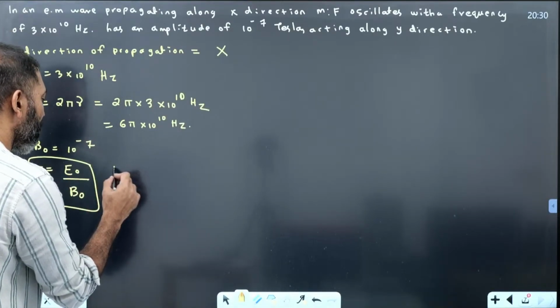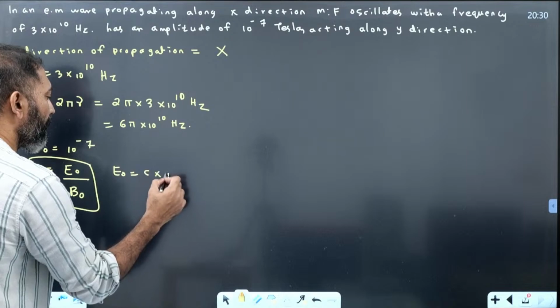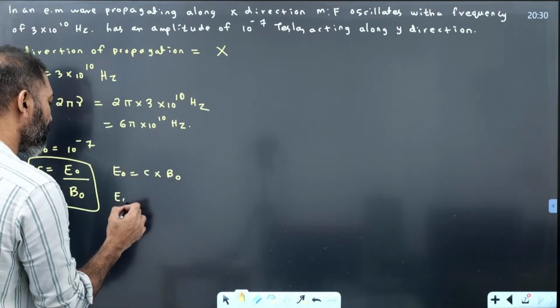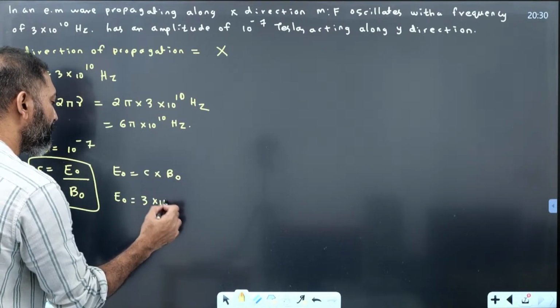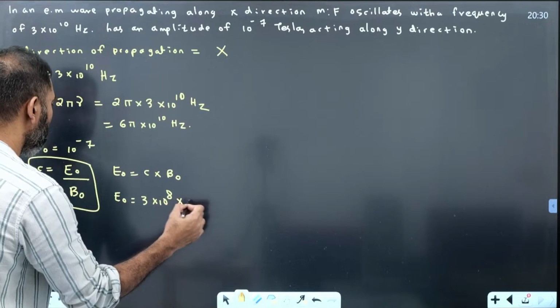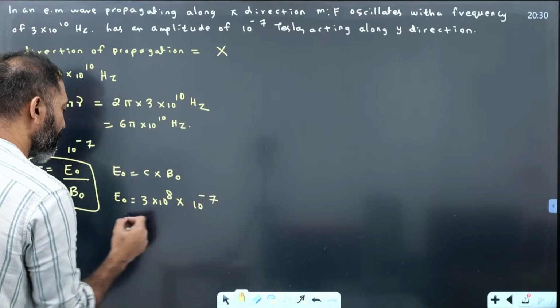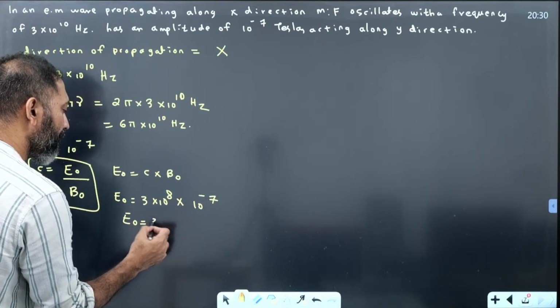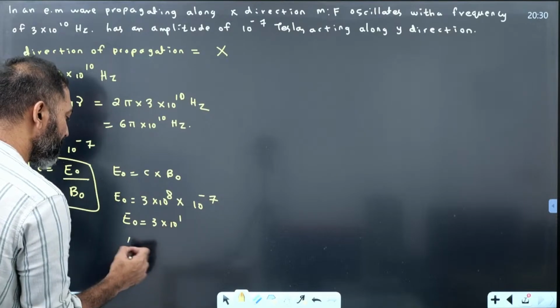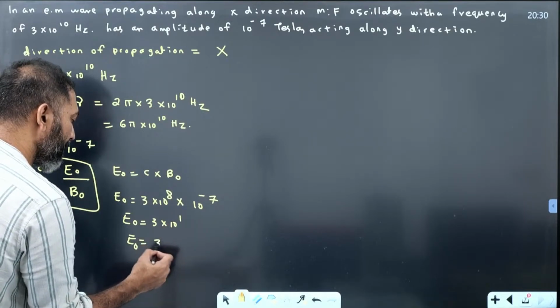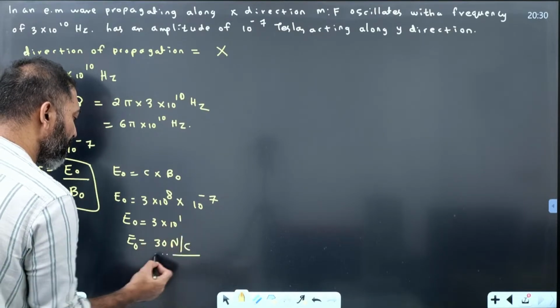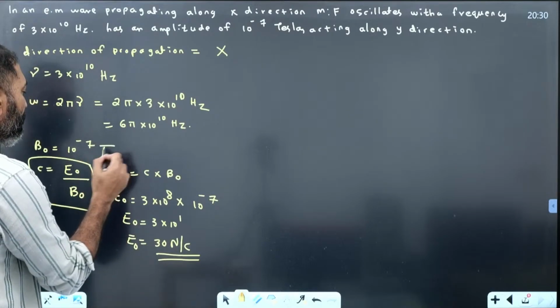So E0 equal to C into B0. So E0 equal to 3 into 10 raised to 8 into 10 raised to minus 7. That is E0 equal to 30 Newton per Coulomb, which is a unit of electric field. B0 is in Tesla.